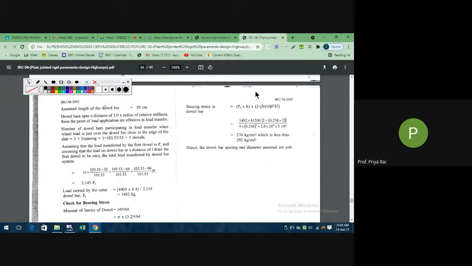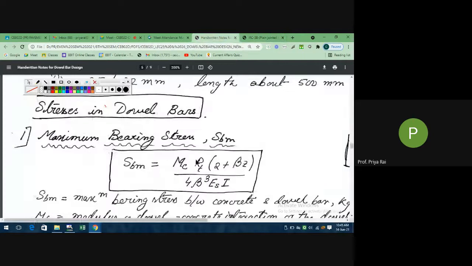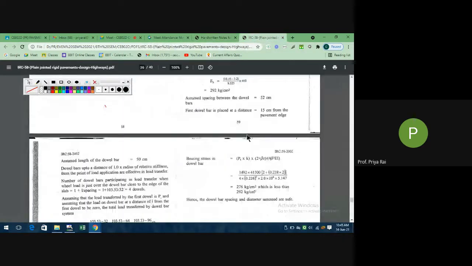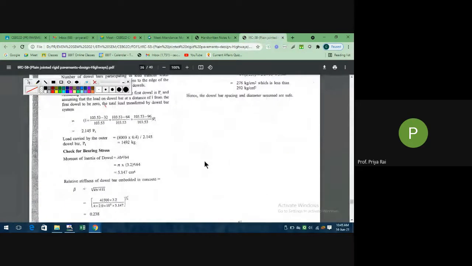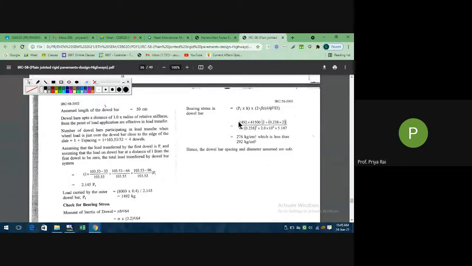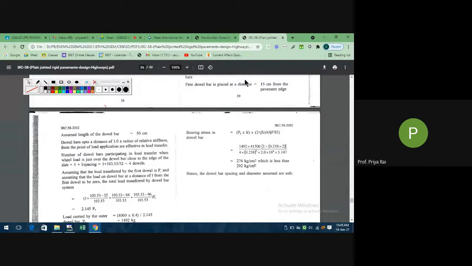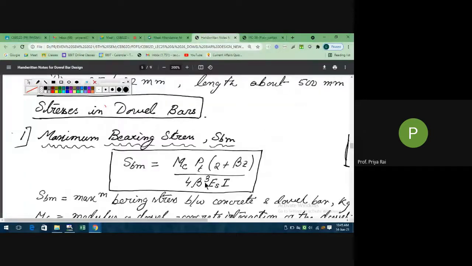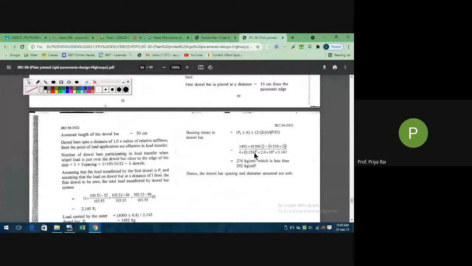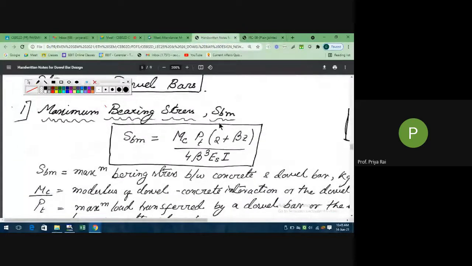So this is your SBM formula. The same formula here, instead of MC, so same formula, I will explain this.